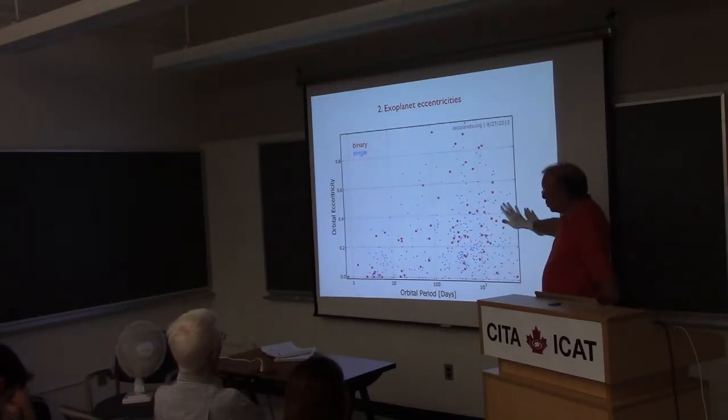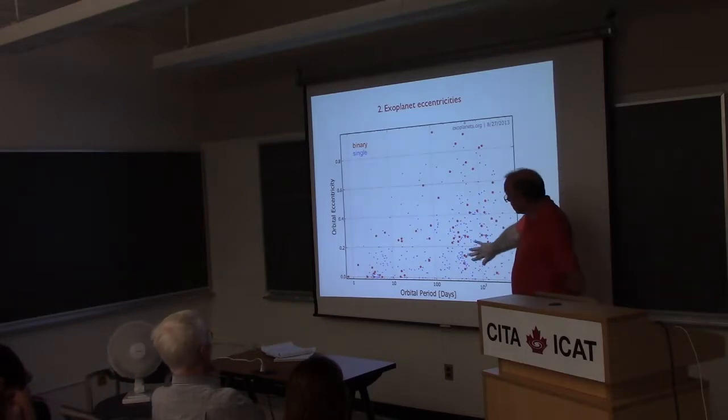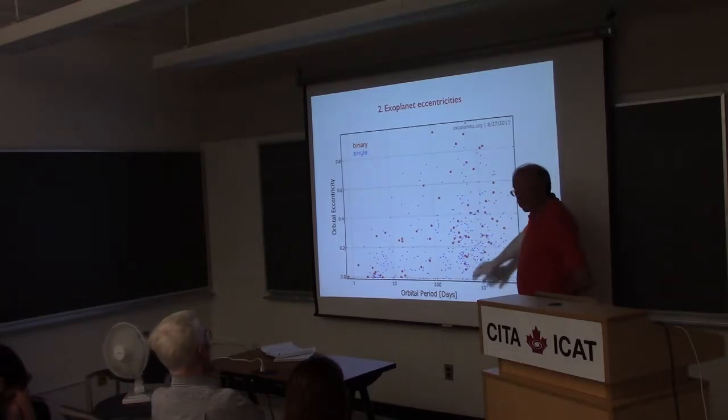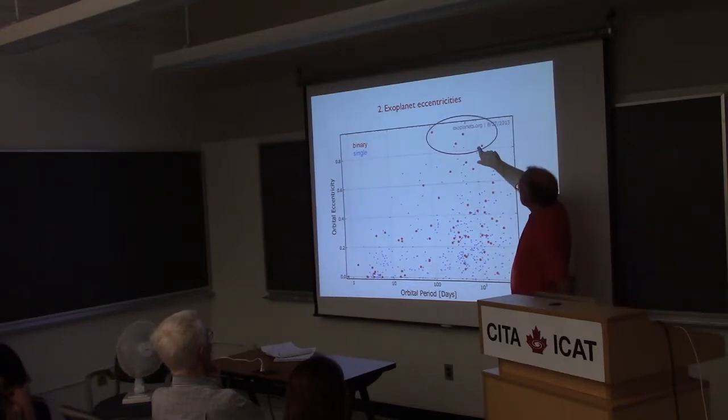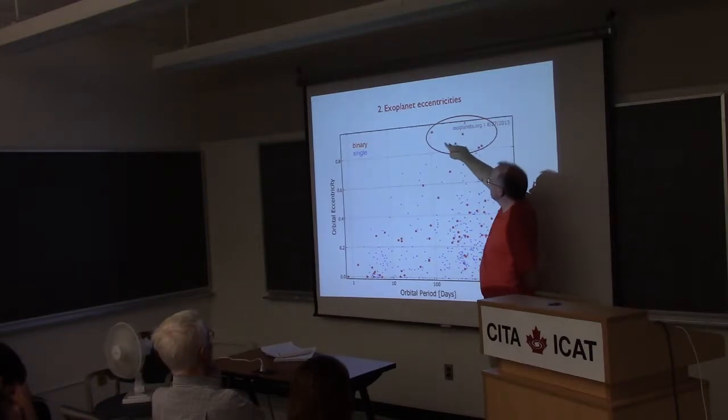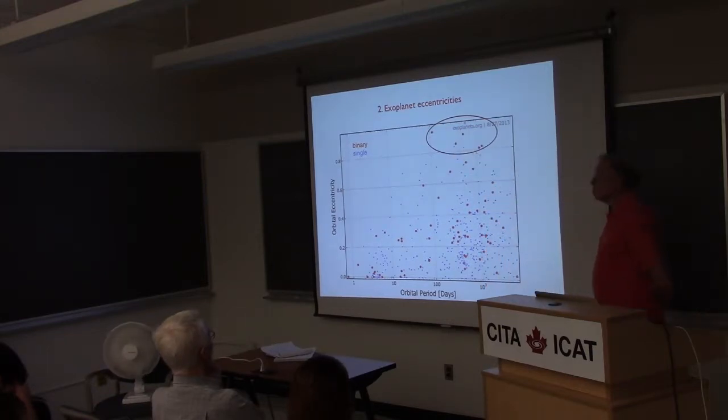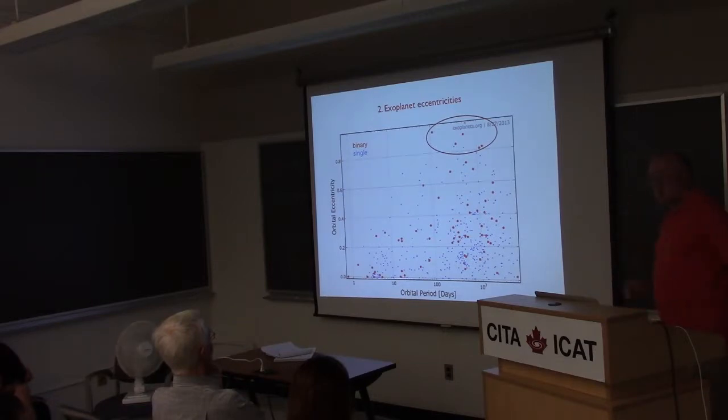Clearly, this explanation doesn't work. There's no obvious segregation between the binaries and the singles, except for the fact that the 4 or 5 planets with the highest eccentricities here are all in binary stars. So maybe Lidov-Kozai oscillations in binary stars are the cause of some of the highest eccentricities.